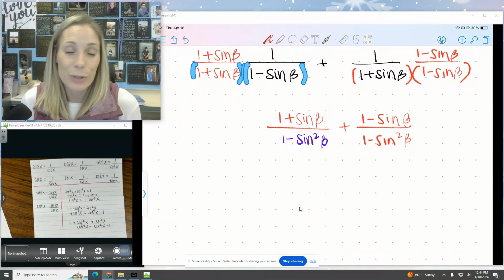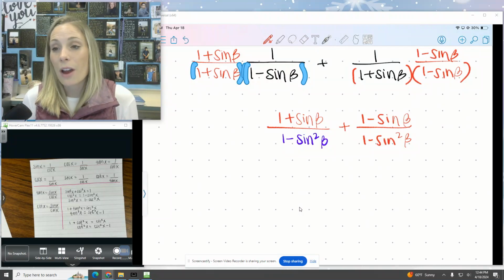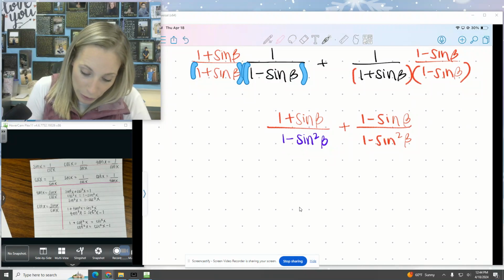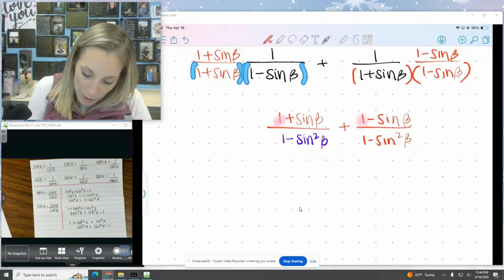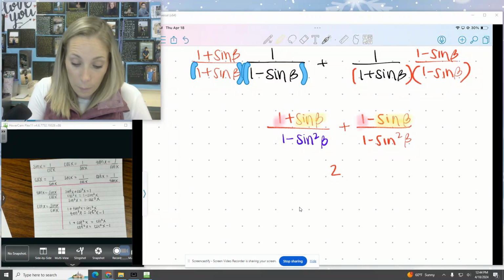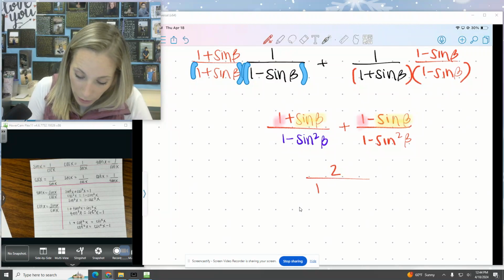We now have the same denominator. Because we have the same denominator, we can go ahead and add our fractions. When we add our fractions, you can add your ones together, and 1 plus 1 is 2. And you can add your positive sign and your negative sign together, which cancels out into 0. And then your new denominator is this 1 minus sine squared of beta.